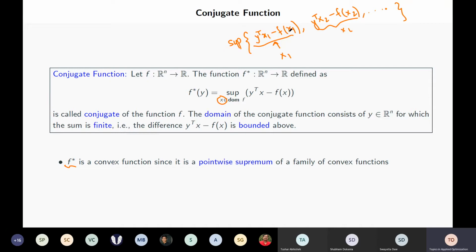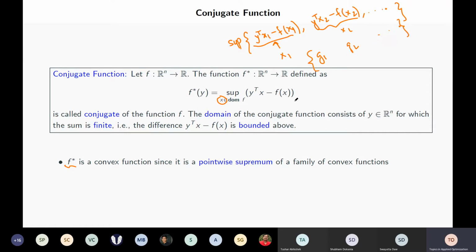So we can treat these as, let us say, g1 and g2 functions, and so on, and then you have to take a supremum of this.